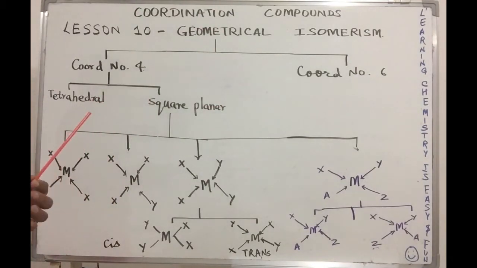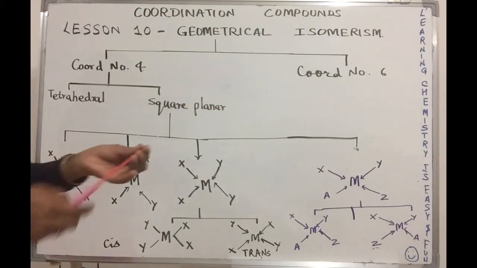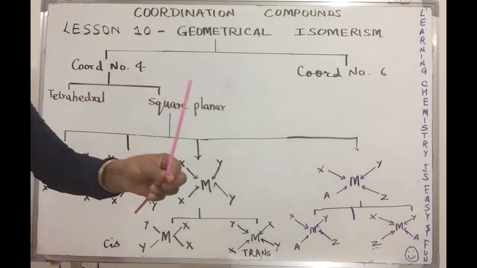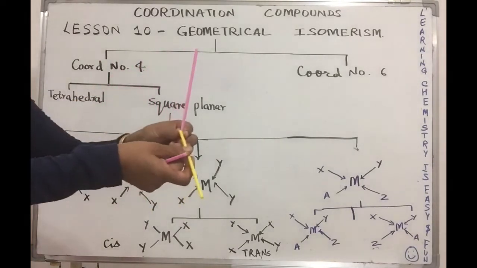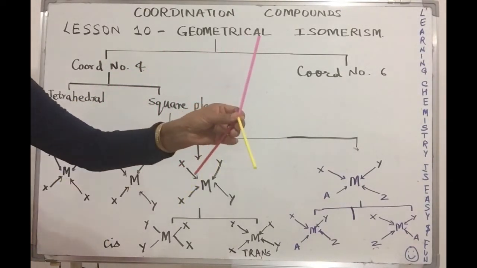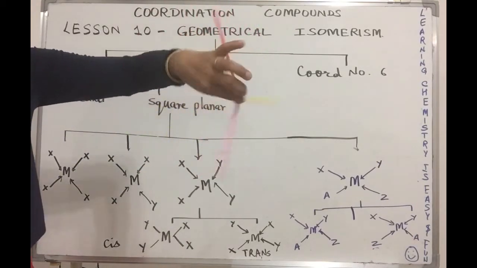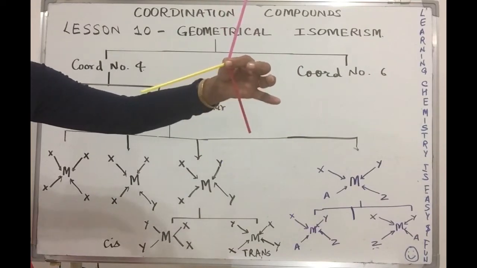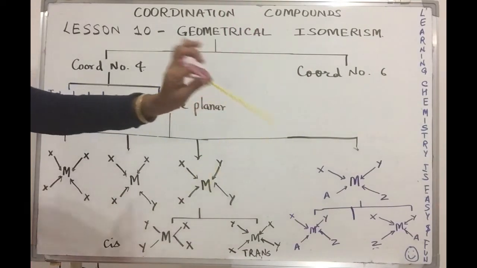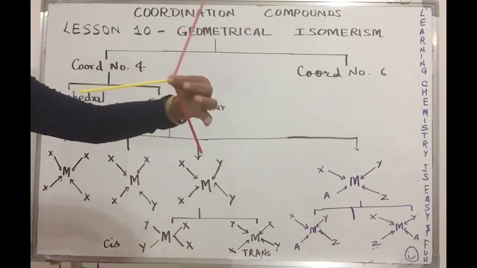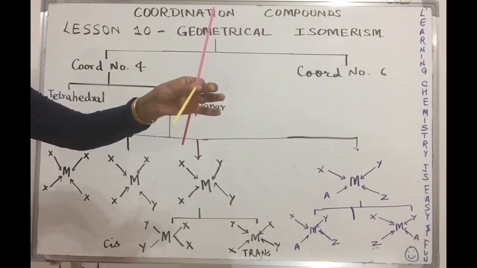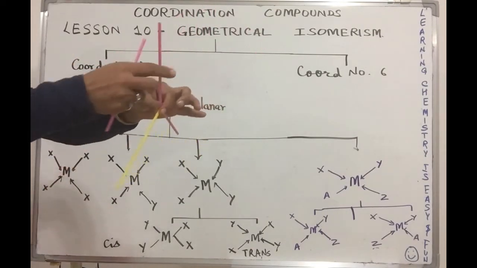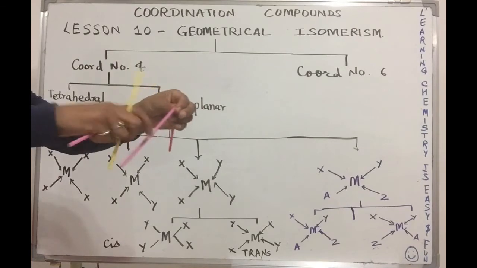Let's talk about trigonal, so coordination number 3. Even if I assume that these three forms are different, do you think it would make any difference to the molecule? This is trigonal planar arrangement. Is there any change in the molecule if the position of any one of these is changed? They're all the same.